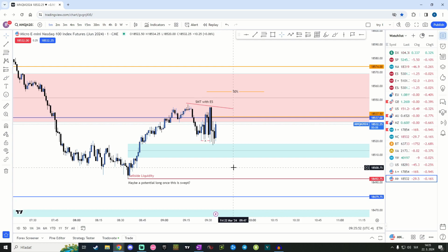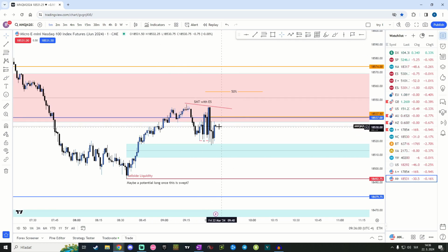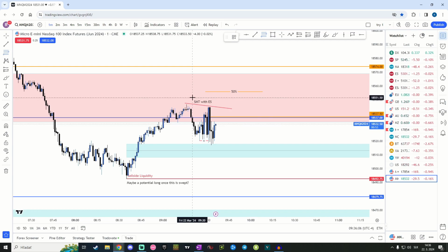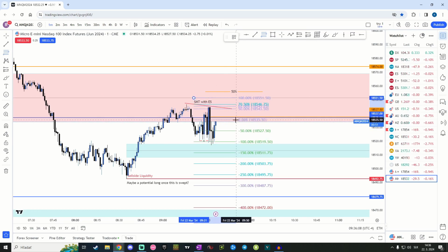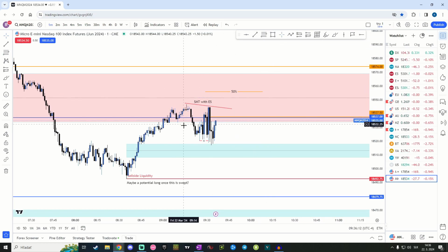But we are still quite in the range. But we are also trading inside this 1 hour fair value gap. And we have traded only in the lower portion. So I'm not sure if we will be respecting it, because we also traded in the lower 25% and not even coming back to the 50%.